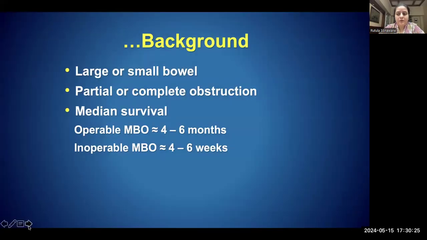Now, large bowel or small bowel obstruction, there can be partial or complete obstruction. If you look at the median survival in these patients, if the obstruction is operable, that is, it's just one level obstruction which can be operated, then the prognosis goes up to 4 to 6 months. If it is inoperable with multiple levels of obstruction, it comes down to 4 to 6 weeks.